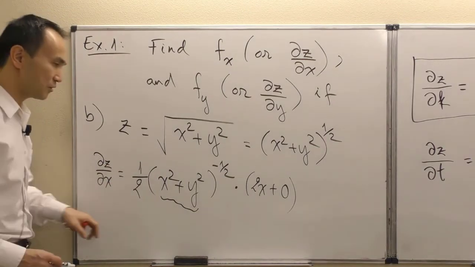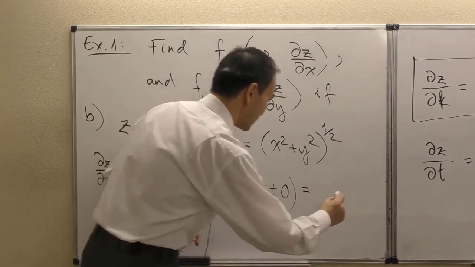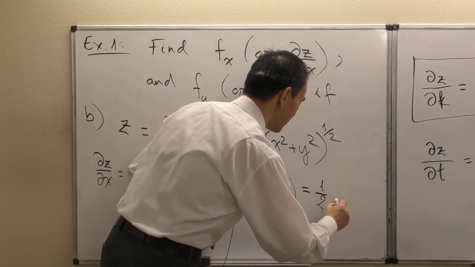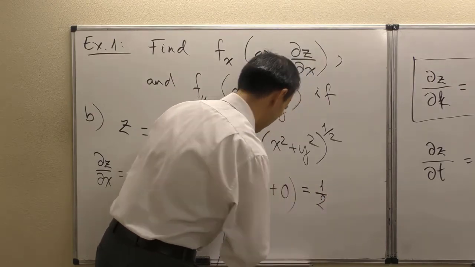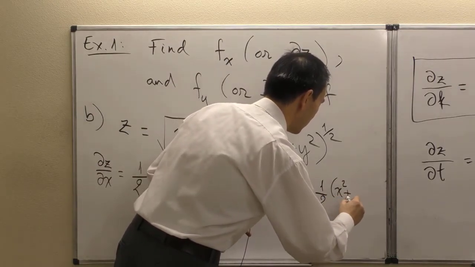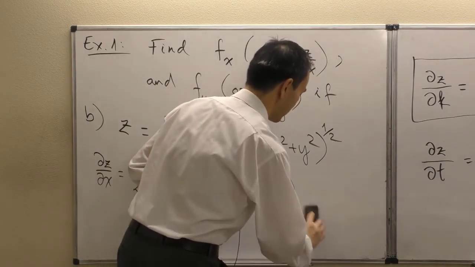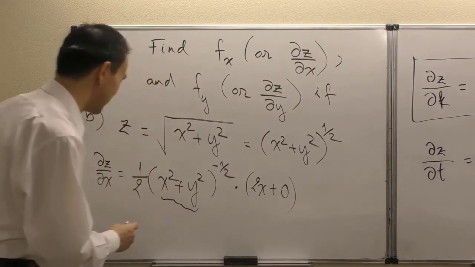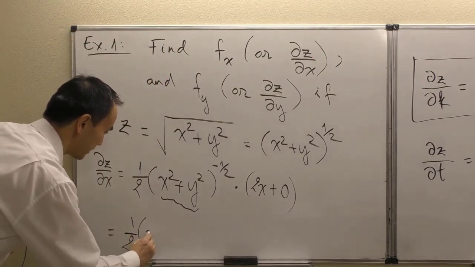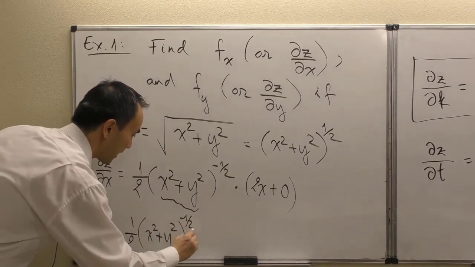Here comes the final answer. It's going to be 1/2 times x squared plus y squared to the negative 1/2 power, and multiply it.